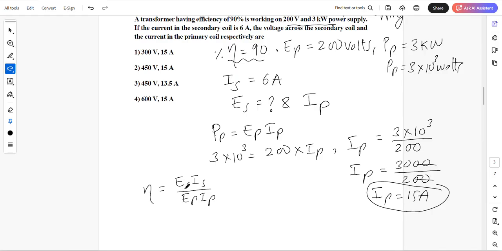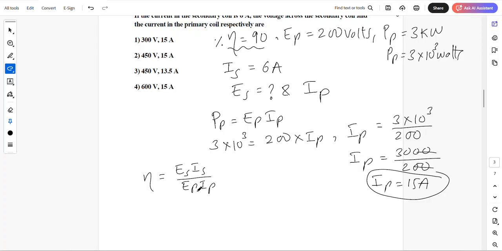From here you can calculate ES. Percentage efficiency is equal to 90, so eta is 90 by 100, that is 0.9. I can substitute: 0.9 is equal to ES into IS.